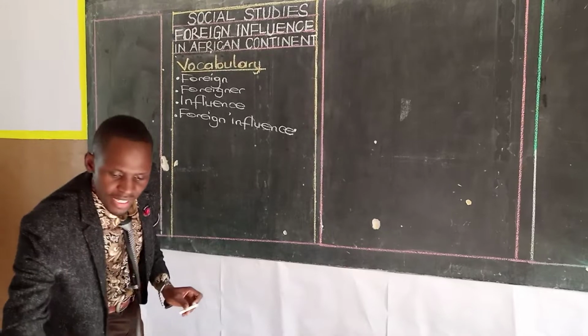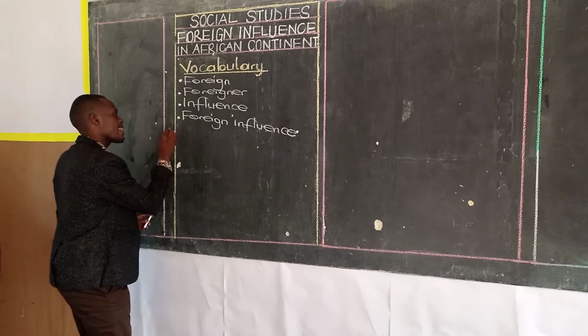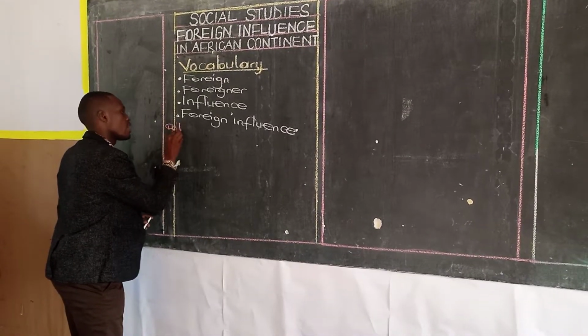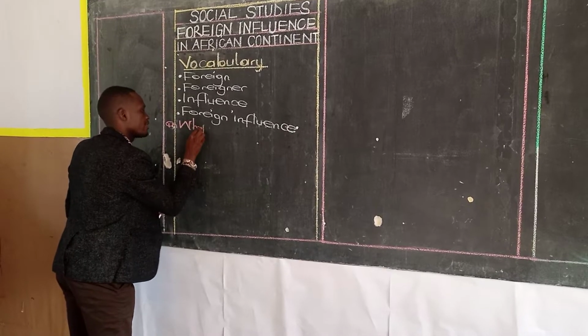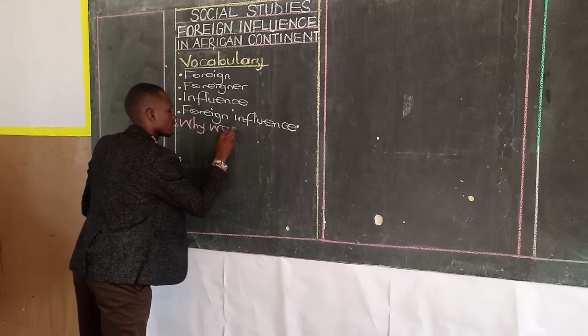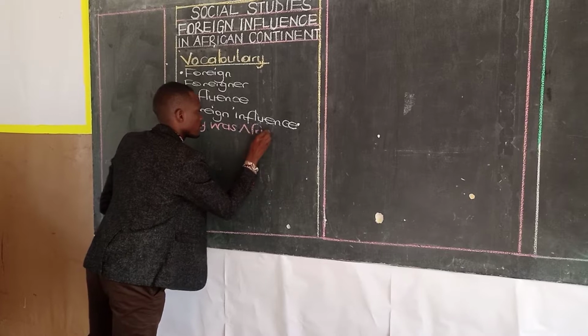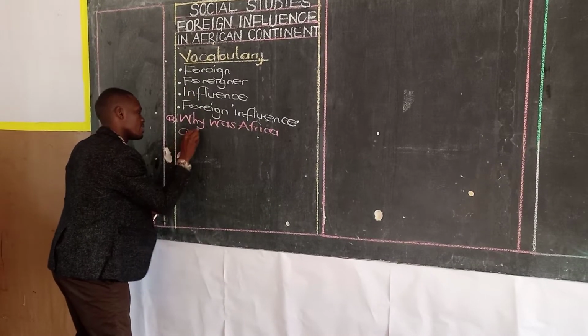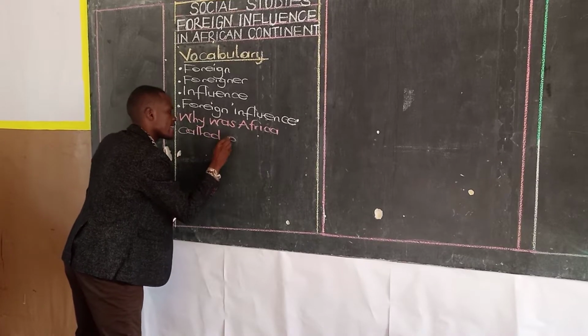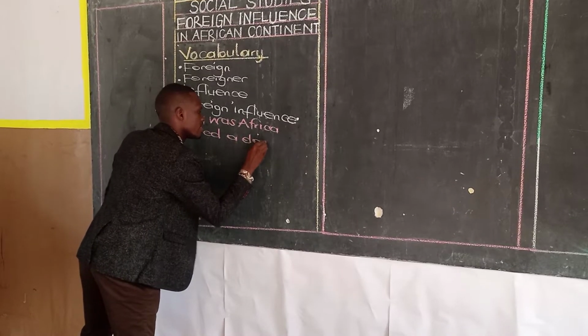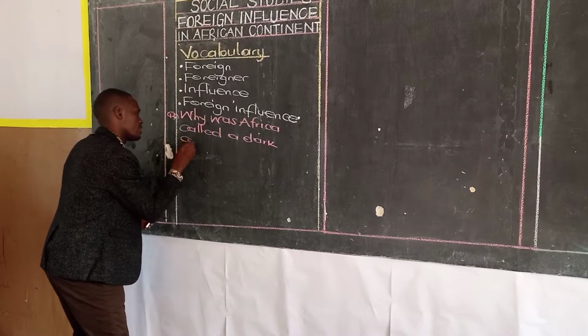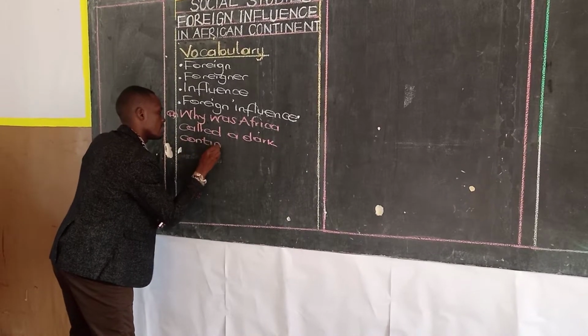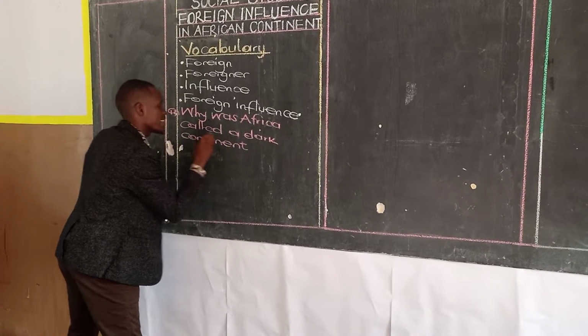So we are going to look at this question here. Our very first question is, why was Africa called a dark continent? It's very important in this case.